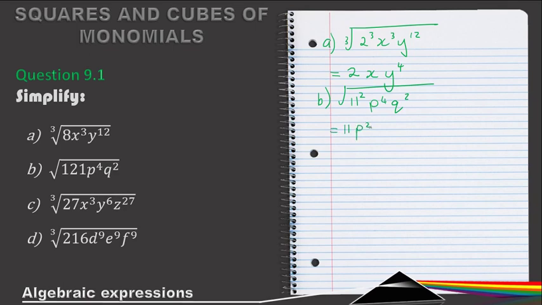P to the power of 2, q comes out. C, 27 is 3 cubed, so x cubed, y to the power of 6, z to the power of 27. So this is the cube root, and this is then just 3. That's just x, that's y squared, and that's z to the power of 9.